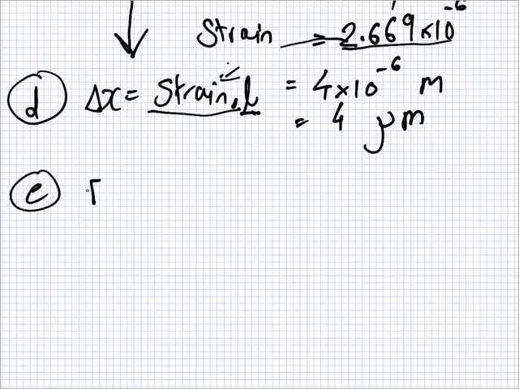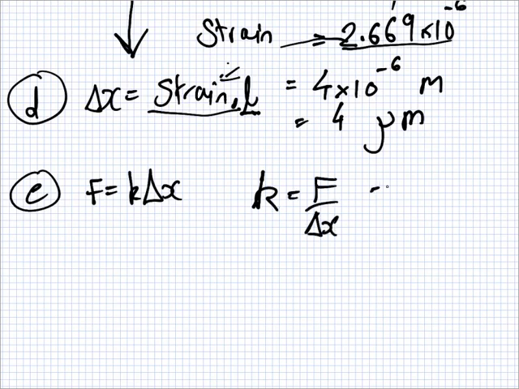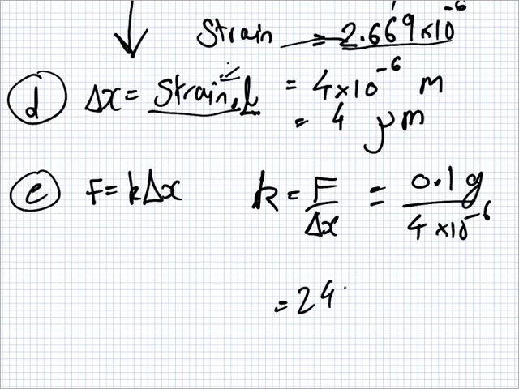So Hooke's law, F equals K delta X. So K equals F over delta X, which is 0.1 G over 4 times 10 to the minus 6. So that is 245,250 newtons per meter.